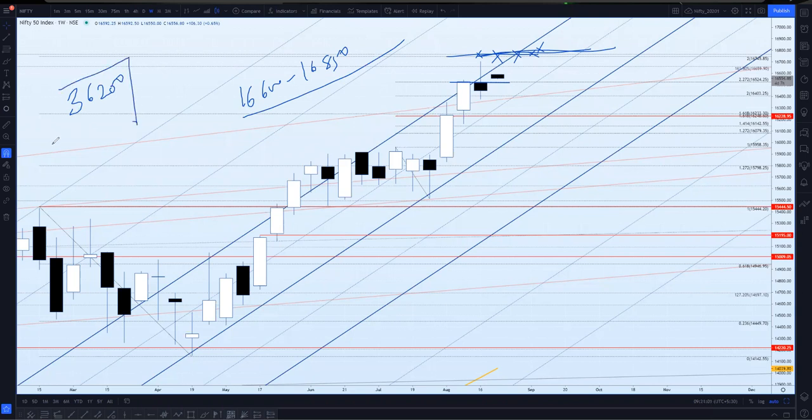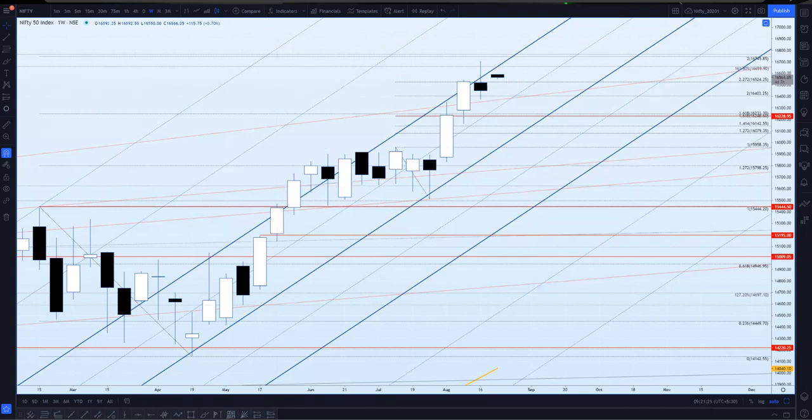Unless you see Bank Nifty doing this, the breakout is not going to happen at all. And the best case scenario is that we again undergo some sort of sideways consolidation. Because the trend is still up, we may just make sideways candles, sometimes bearish, sometimes bullish. So it will be a sell on rise market.